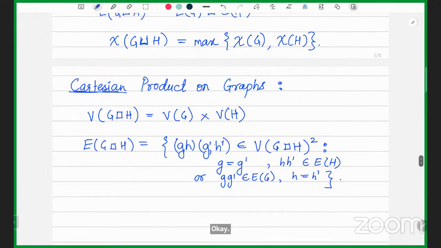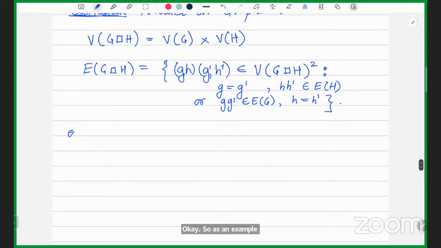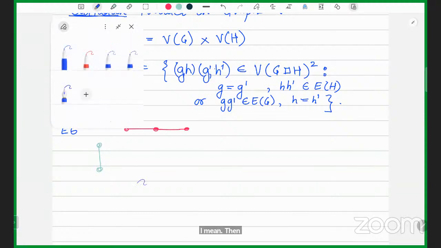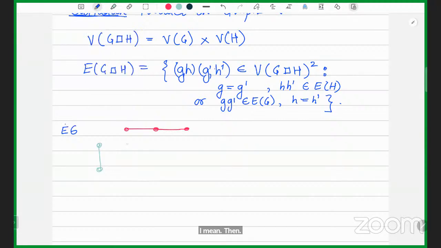So as an example, I don't know, E6 maybe? I don't remember. So let's say I take a path graph on 3 vertices and a path graph on 2 vertices, then I am first of all going to have these as my vertices for the vertex set in the Cartesian product of the graphs.